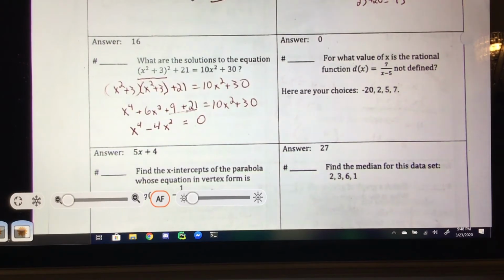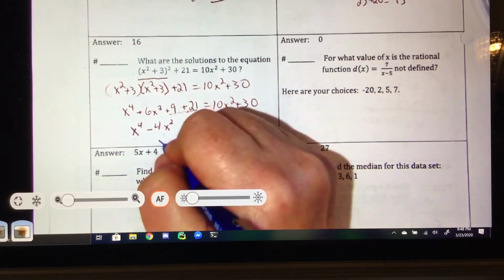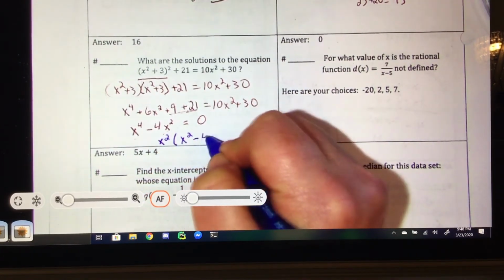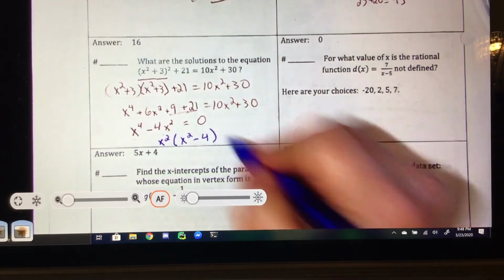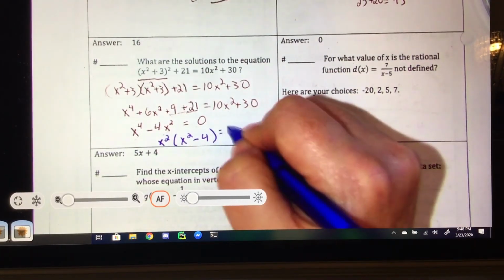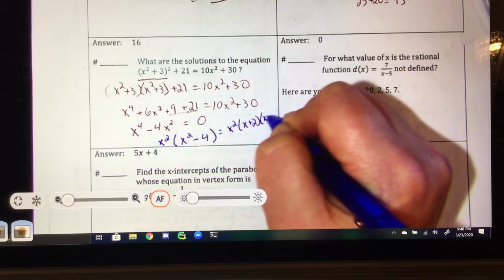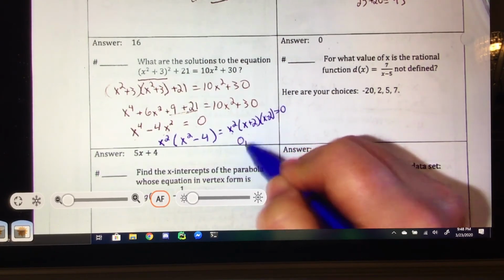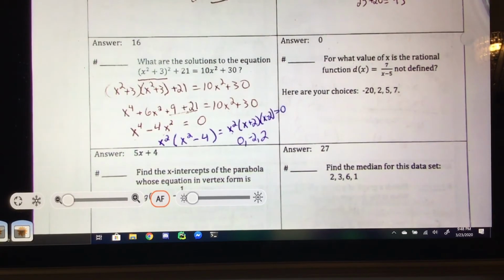And the easiest way to solve this is to factor out the x squared. So it's x squared times x squared minus 4, which ends up equaling x squared times x plus 2, x minus 2 equals 0. So you'd have 0, -2, and +2. Boom. That one's done.